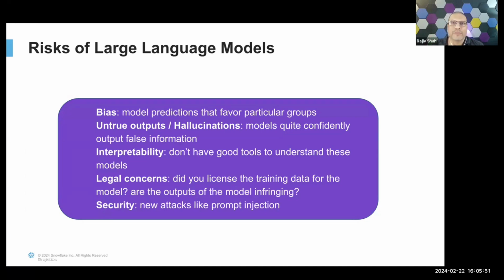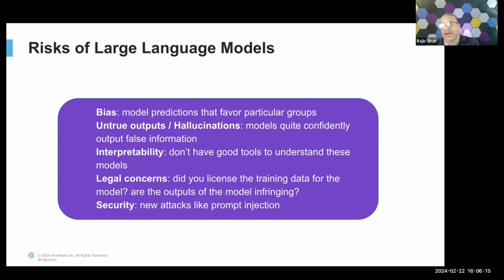When we came from traditional tabular learning, traditional very risky models, we had interpretability tools. We could pick algorithms where we understood what was going on with the models. We don't have the same kind of things for these models. Folks are working on it, but it's not really there. Legal concerns over the data that's going into these models: do they have permission over that?